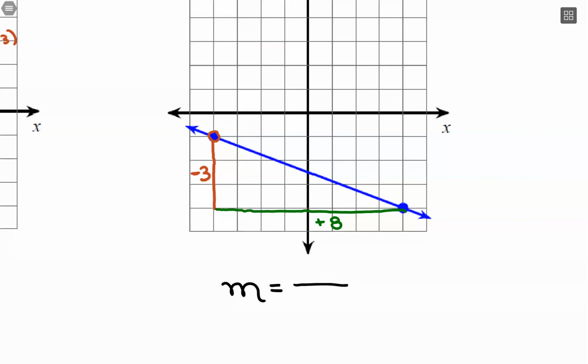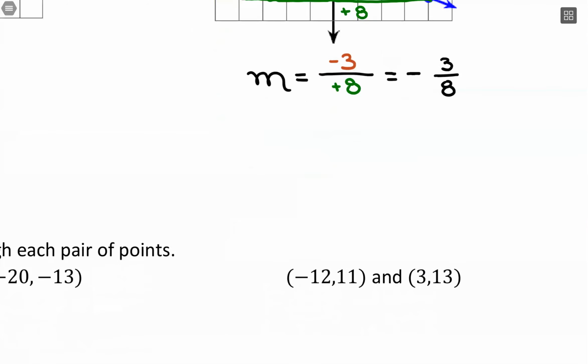So rise is the negative 3, run is the positive 8. And there's nothing to simplify with the fraction, but overall I'll have a negative number, so negative divided by positive makes a negative, and then that'll be negative 3/8. So that's how you can see rise over run visually if you have the graph.